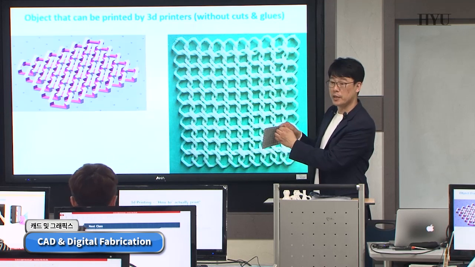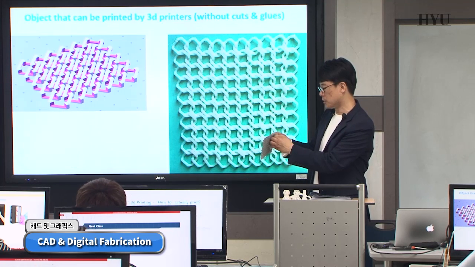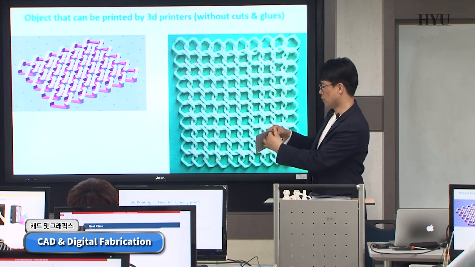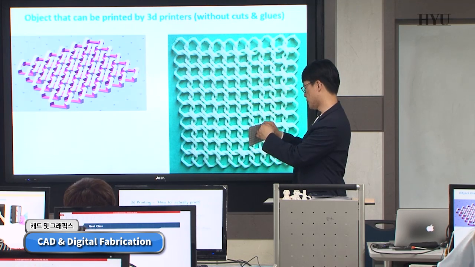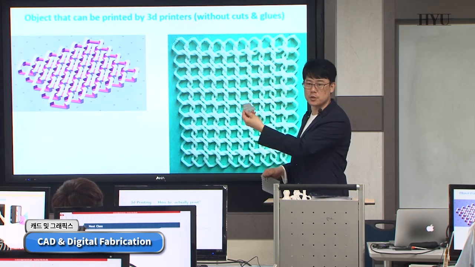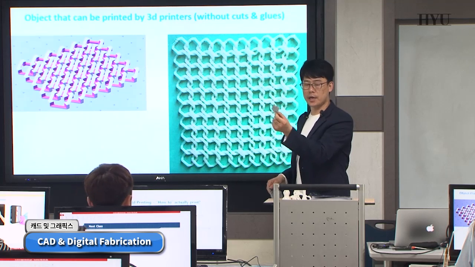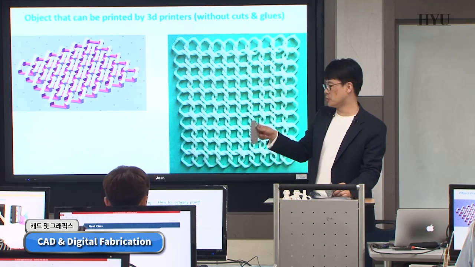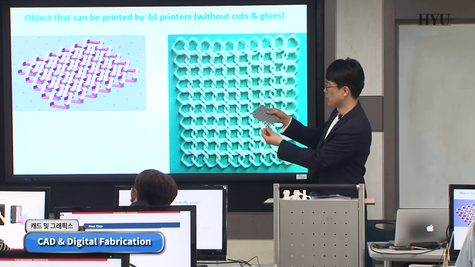So after the manufacturing, after the printing, this one, okay, take a look. This is the support structure, okay? This kind of support structure is supposed to be created for making this one.